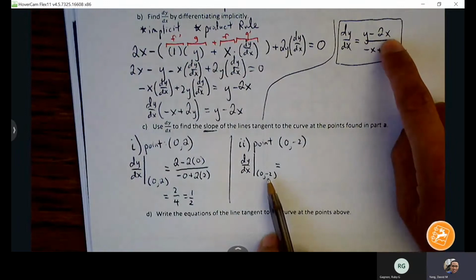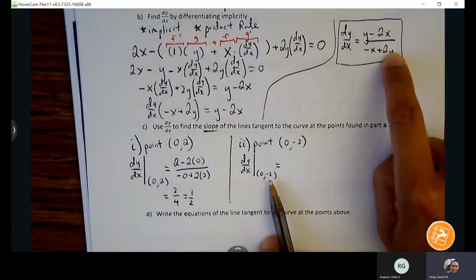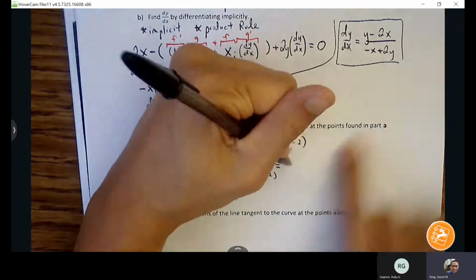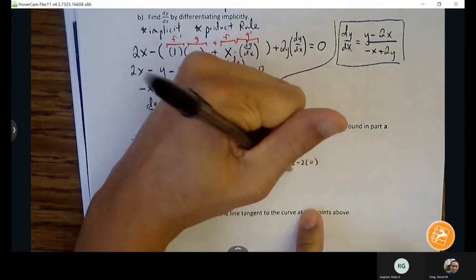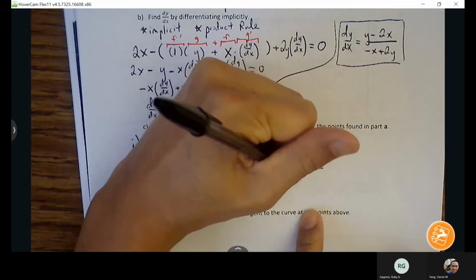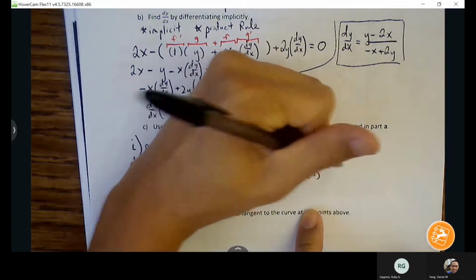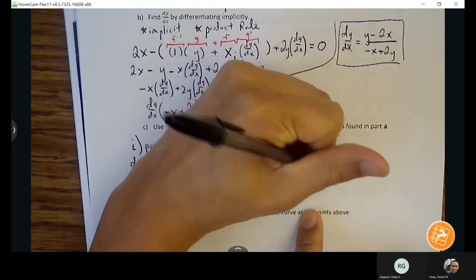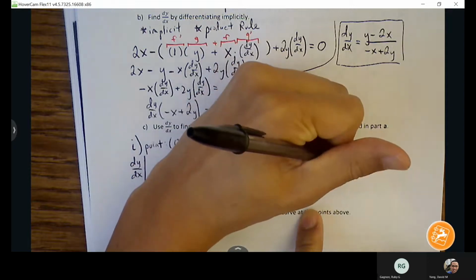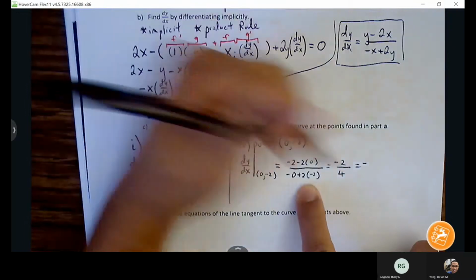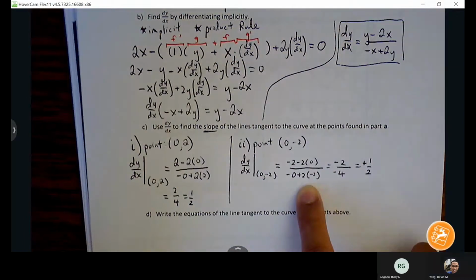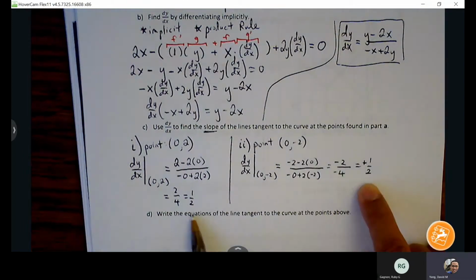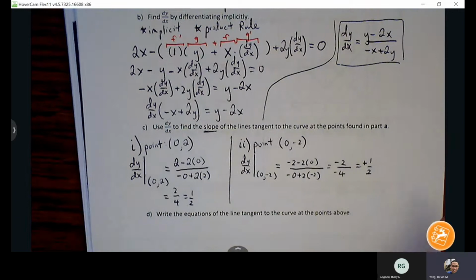Okay. Same thing, same derivative, same slope formula. So it looks like I'm getting the same slope, but it's different points.